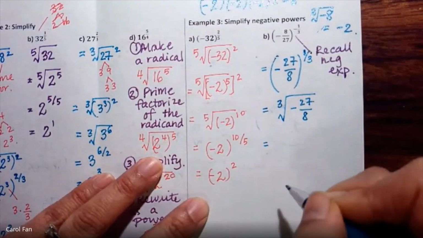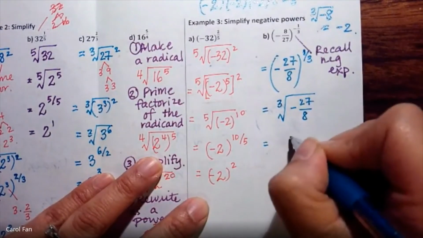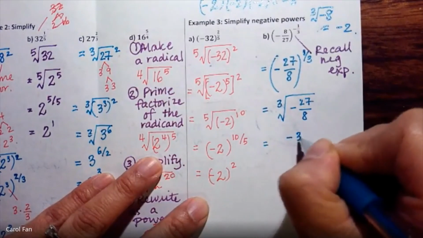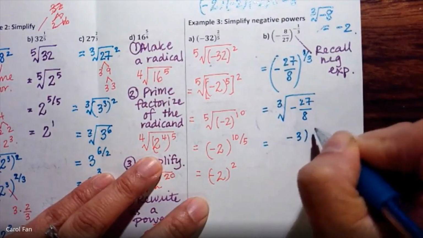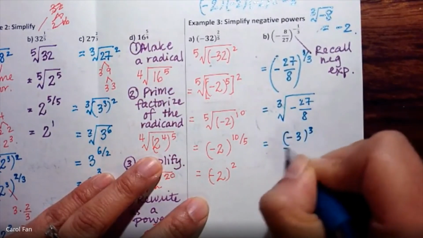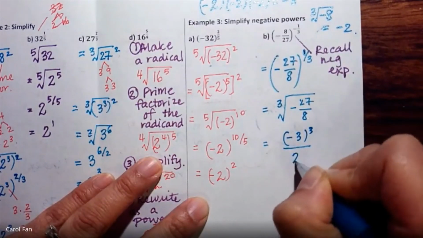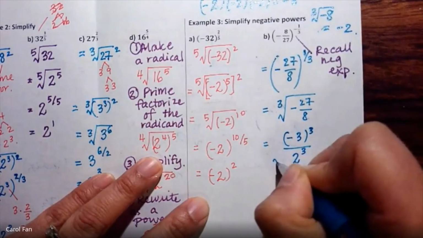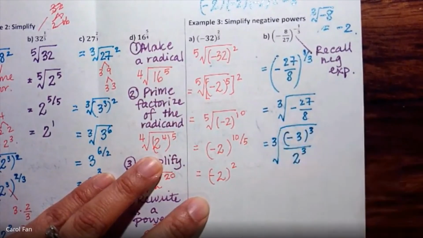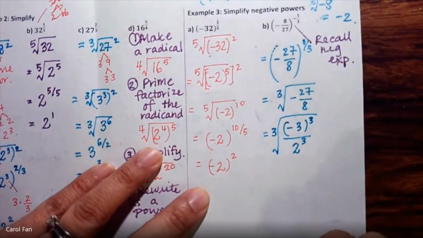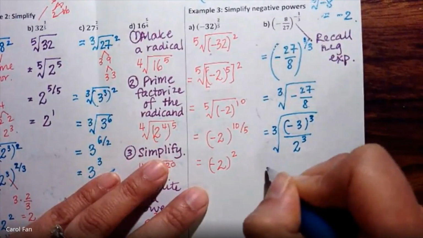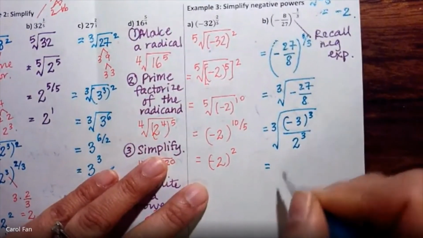by doing the prime factorization. 27 is equal to negative 3 cubed. 8 is equal to 2 cubed. And this is still under my cube root. Now let's undo it now.